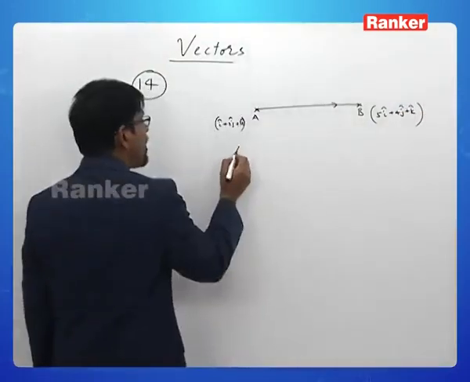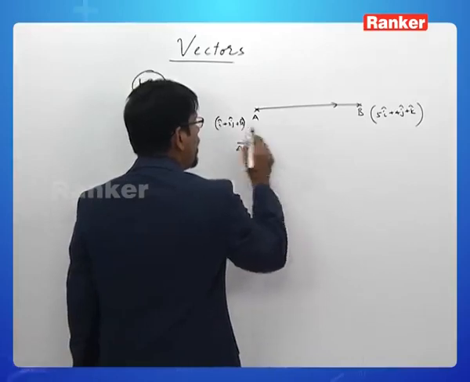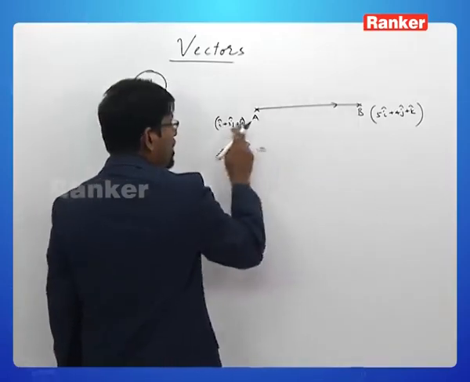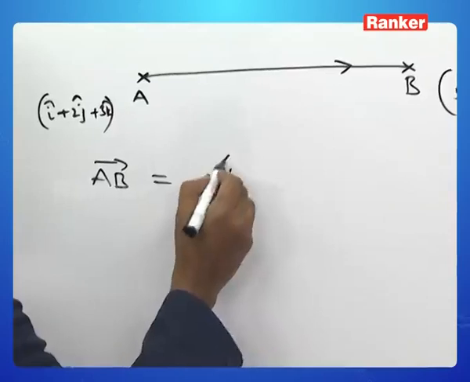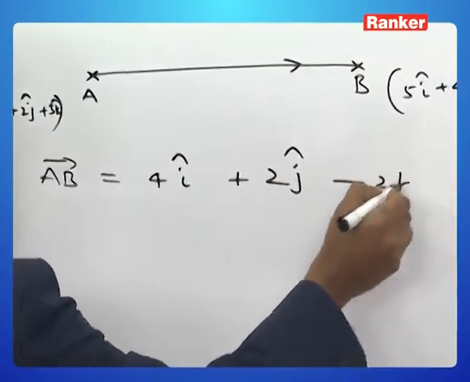So what is the displacement vector? AB vector is given by position vector of B minus position vector of A, that is 4i plus 2j minus 2k.